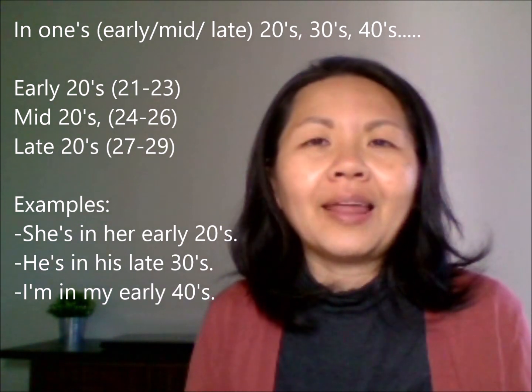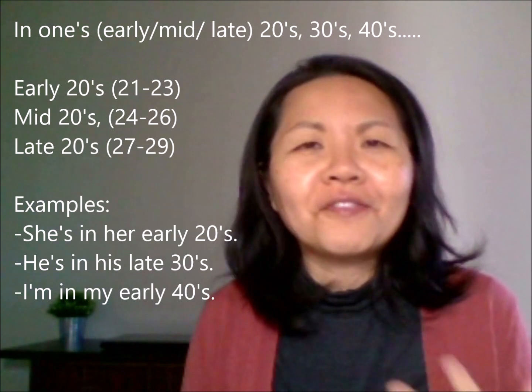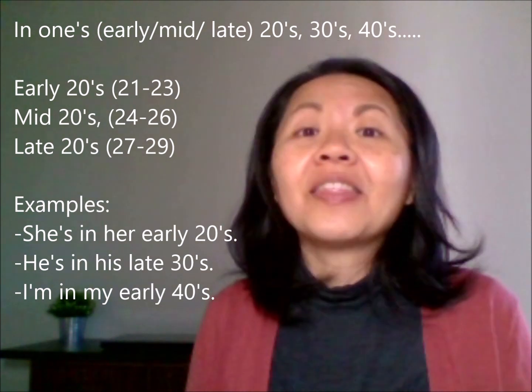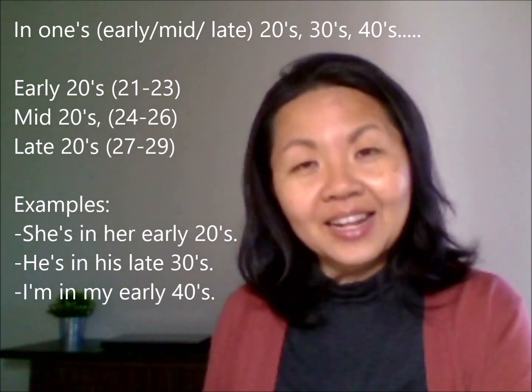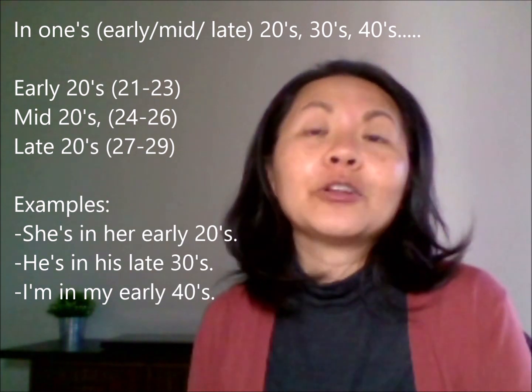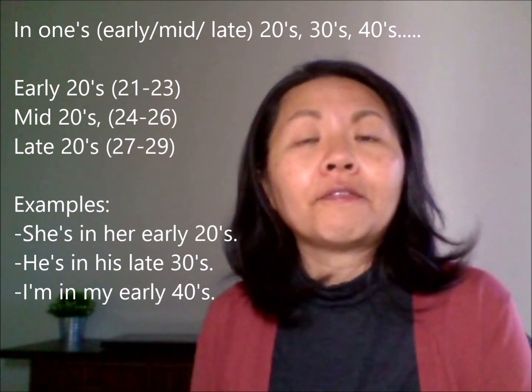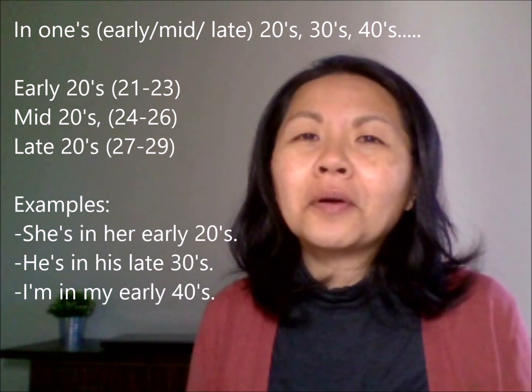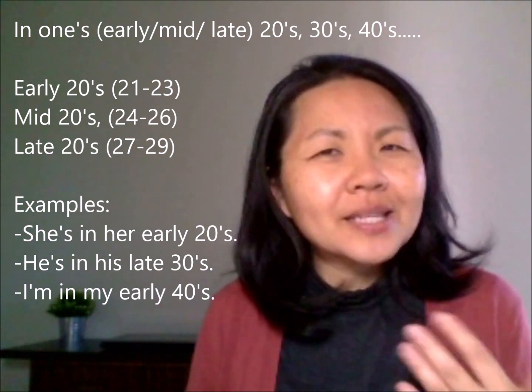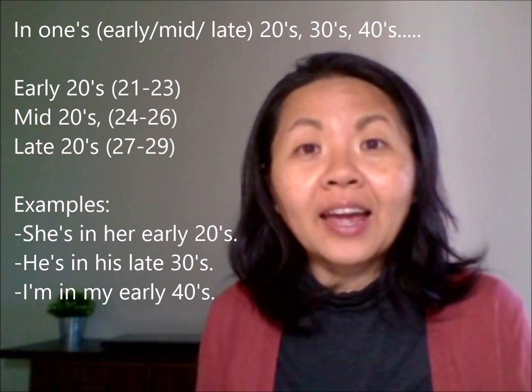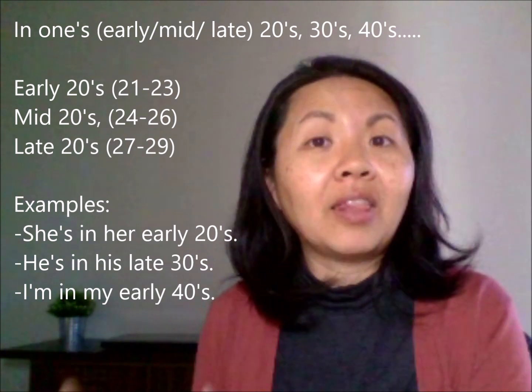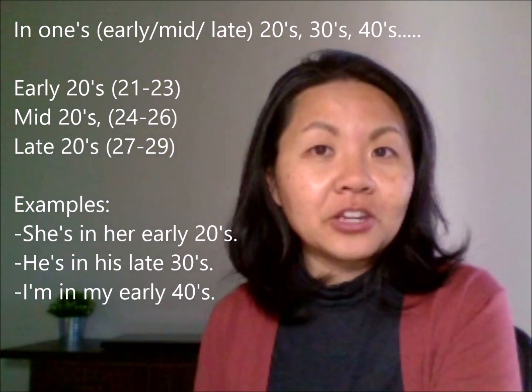And mid would be like 24, 25, 26. And then we have in the late 20s or in the late 40s. And that would be like, I would say, 27, 28, 29. Those are considered the late, whatever the age is.